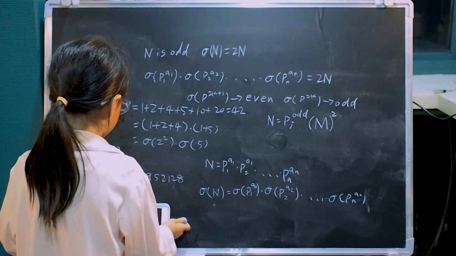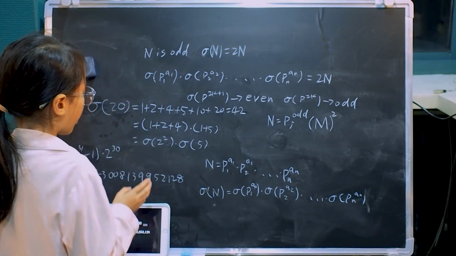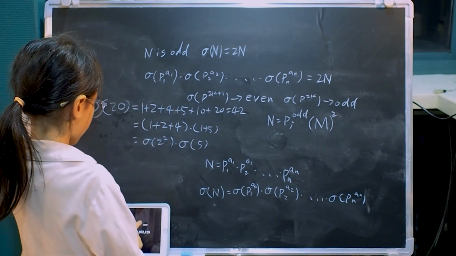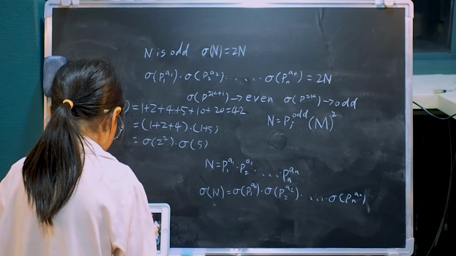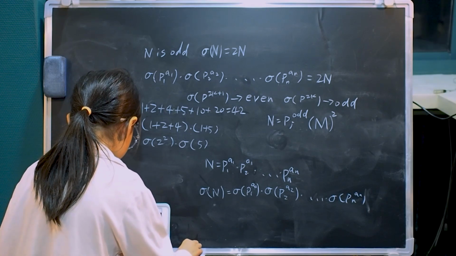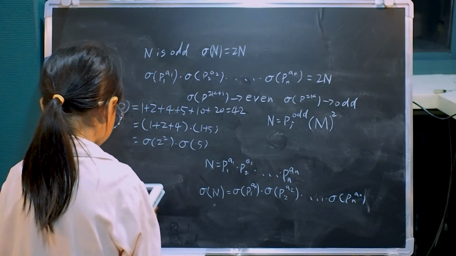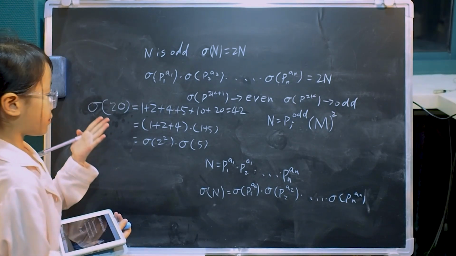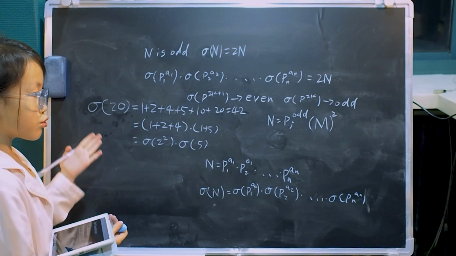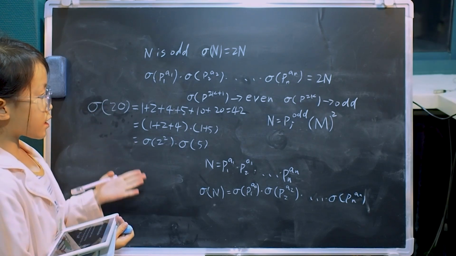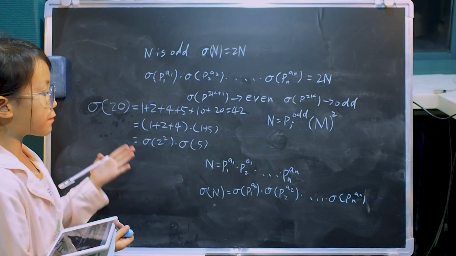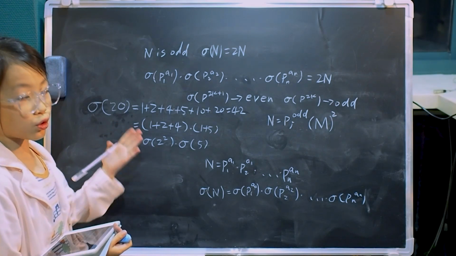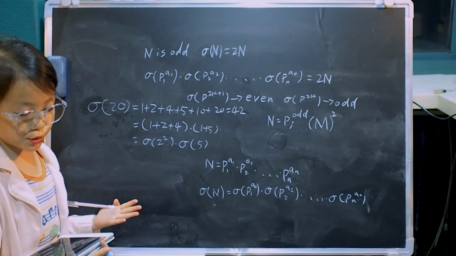This is the eighth perfect number. Second, Euler proved that Euclid's way can find all of the even perfect numbers.